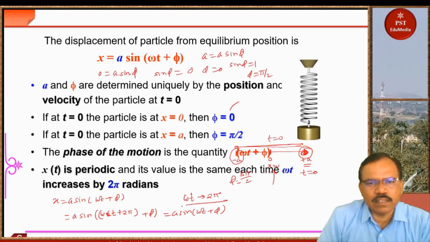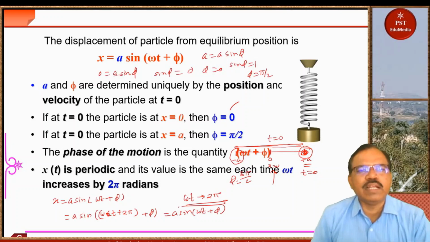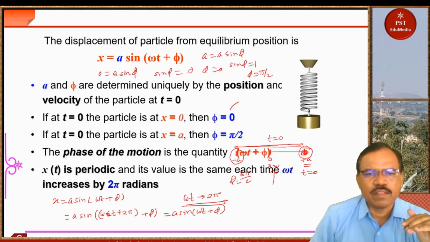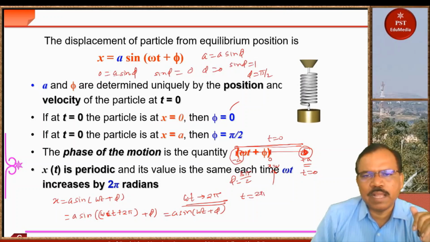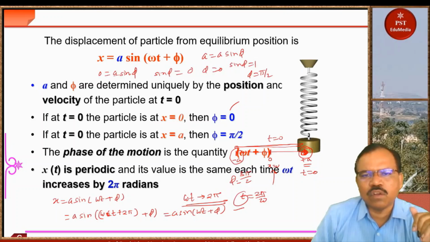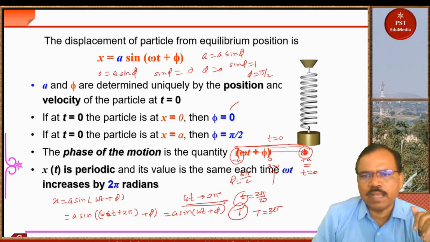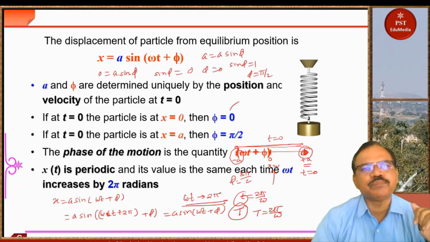So after omega t is equal to 2 pi, you will get the same value. So t is equal to 2 pi upon omega, and this is called periodic time.